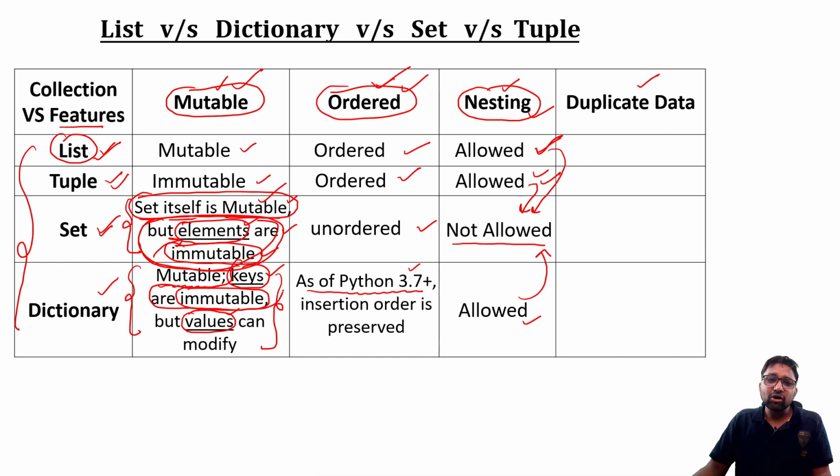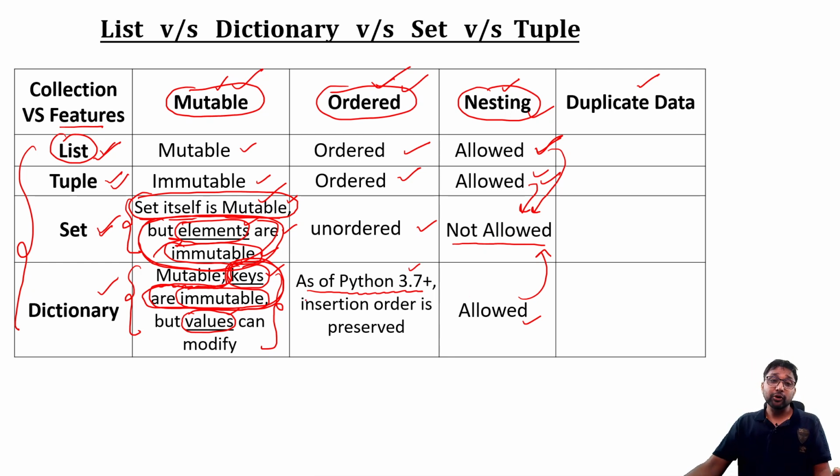Keys are used inside the hashing, so keys must be immutable, and a dictionary itself is mutable. We cannot use a dictionary as a key.